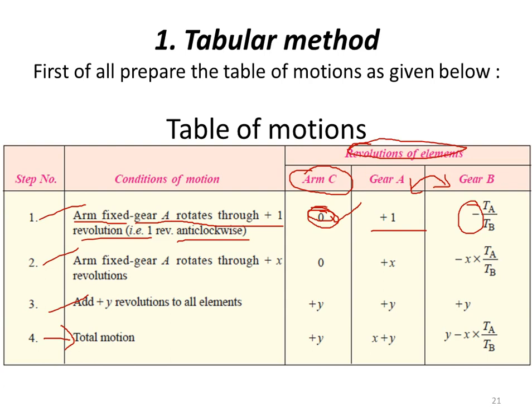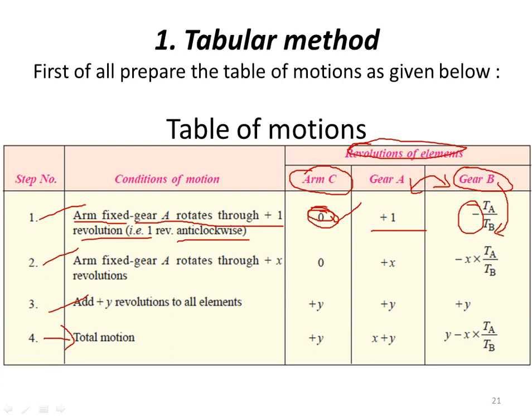It is the ratio of the previous gear by the present gear. If you want to clarify yourself, whatever gear you write at the top side should be in the denominator, then that will be correct. So you can take this help. This is the first step.